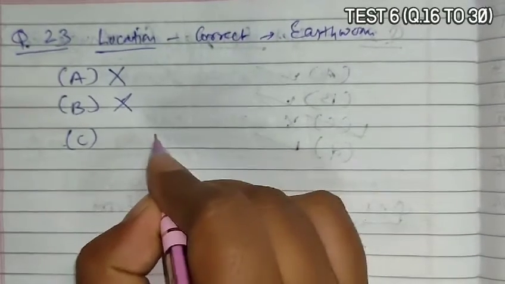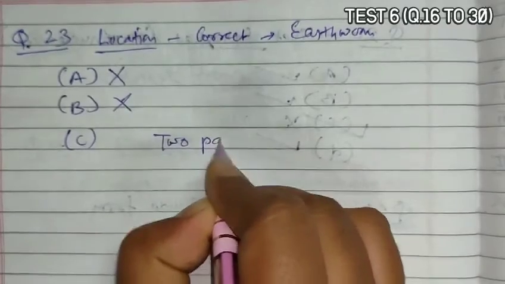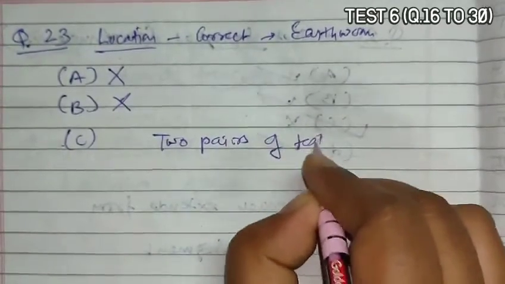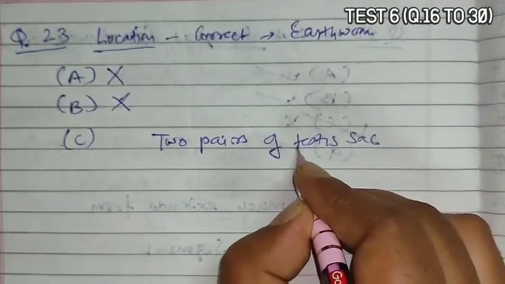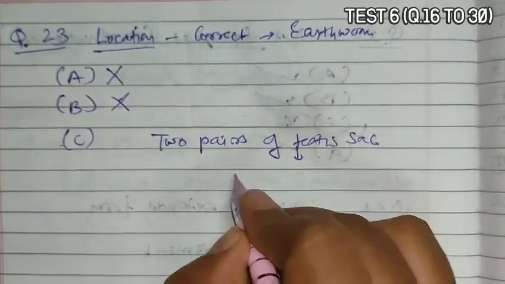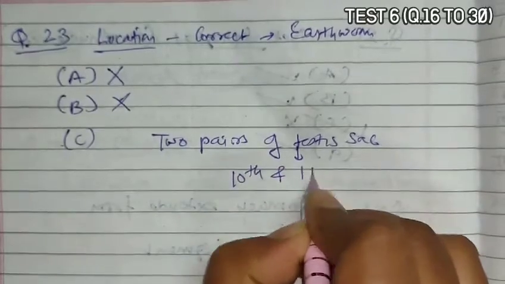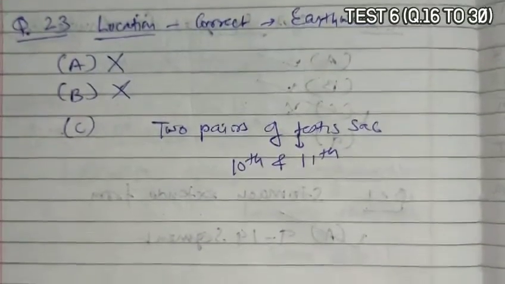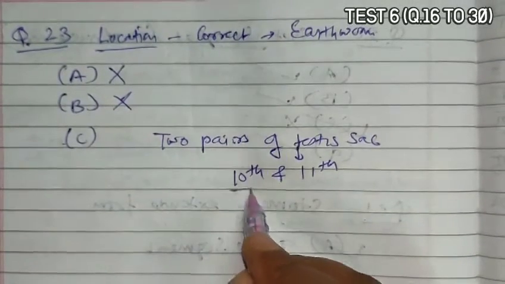So here you should find that 2 pairs of testes sacs are situated in the 10th and 11th segment. Each testis sac of the 10th segment encloses the testis and seminal funnel.